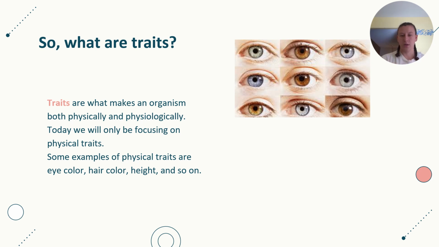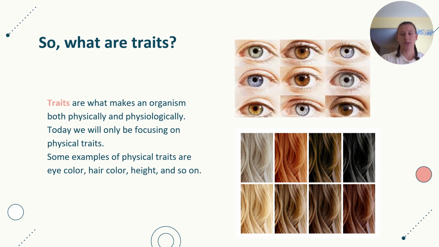Your eye color is determined by your genetics, the same way your hair color is determined by your genetics, and so on and so forth. Your height, your skin tone, things like that. There's a lot of other things that we don't think about necessarily, but like our allergies, our tolerances, stuff like that also is impacted by our genetics. But today we're just looking at physical characteristics.